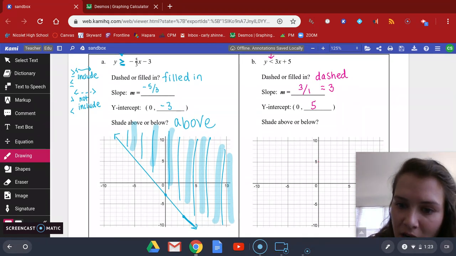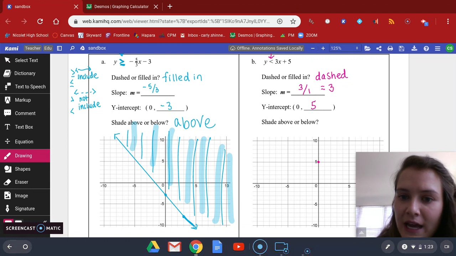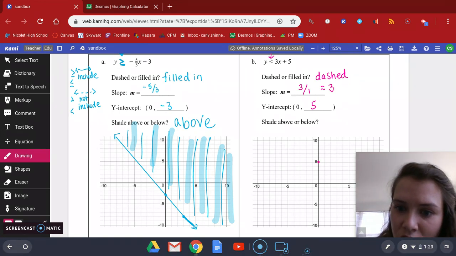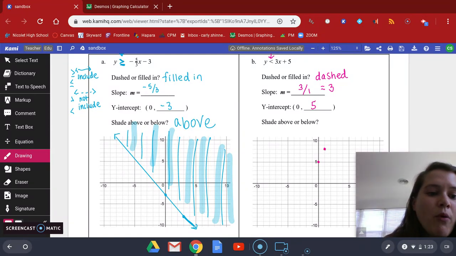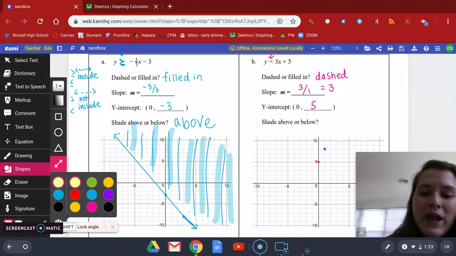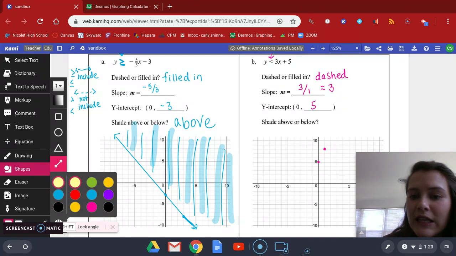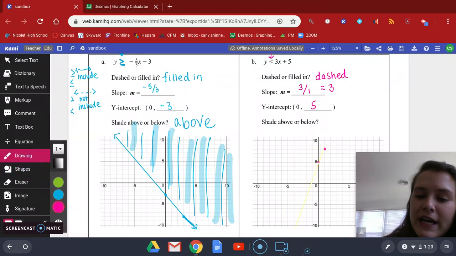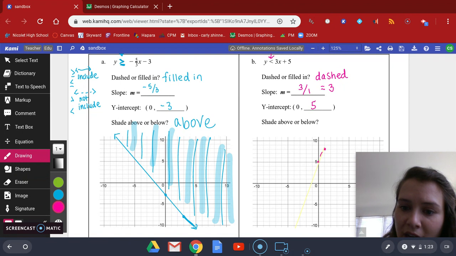Let's go ahead and graph our boundary line, and it does have to be dashed. I'm going to go up 1, 2, 3, over to the right 1. Those are my 2 points. I like to use my shape tool. When it's dashed, I like to use a light color for my line, and then I'm going to go over it in pink to show that it's dashed.